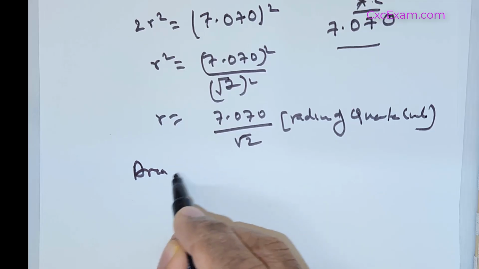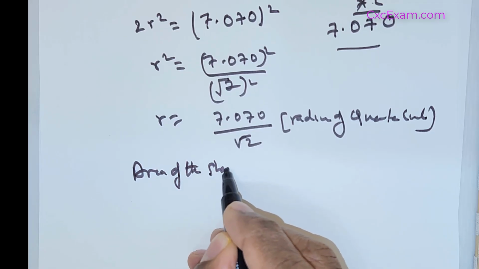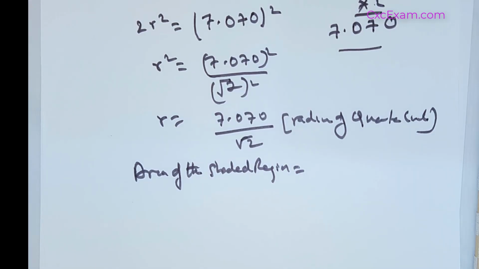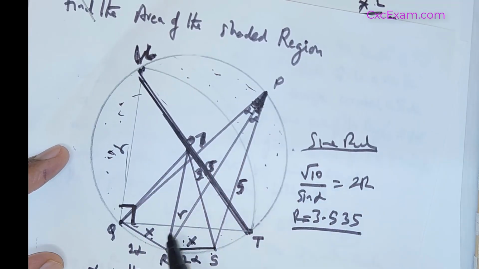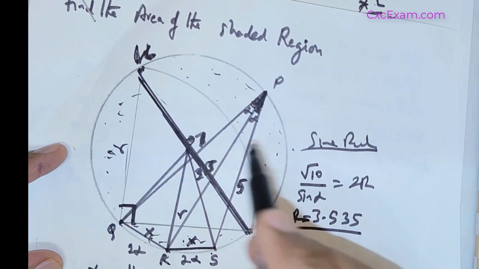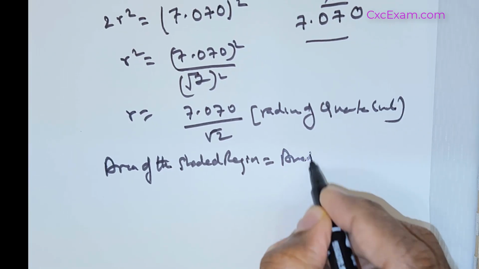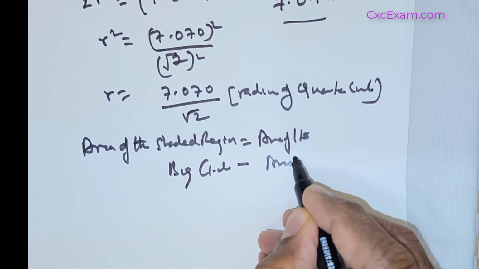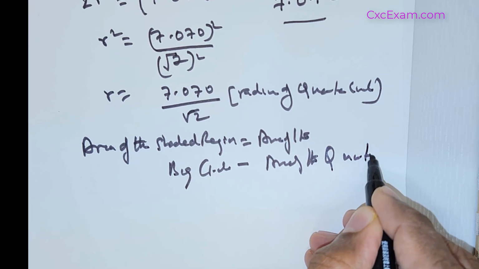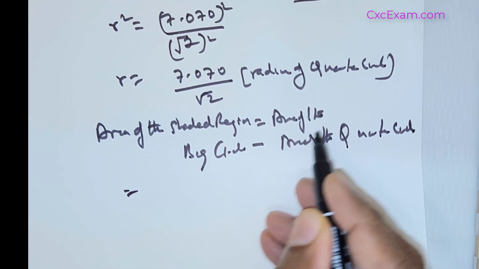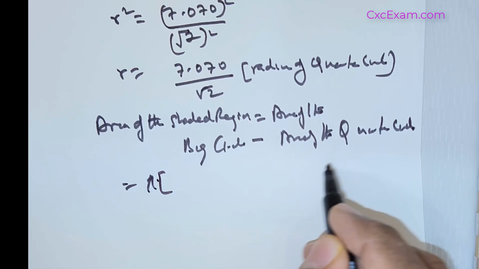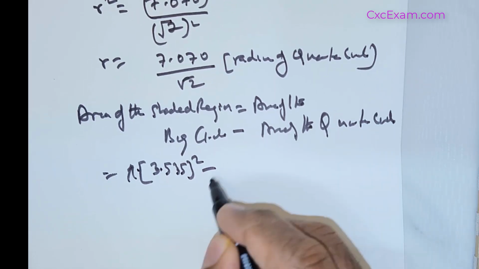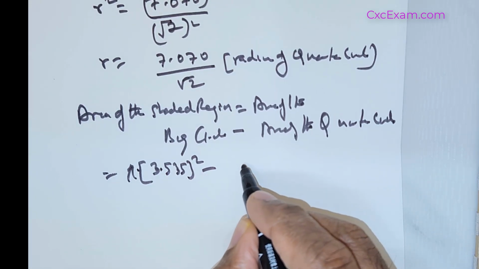Now we are interested in getting the area of the shaded region. Right, so if you go back to the figure, we need all this shaded region. So from the area of the big circle, we take away the area of the quarter circle, right? So area of the huge circle is pi r squared, where R squared is 3.535 squared, negative. Area of the quarter circle is going to be pi r squared.